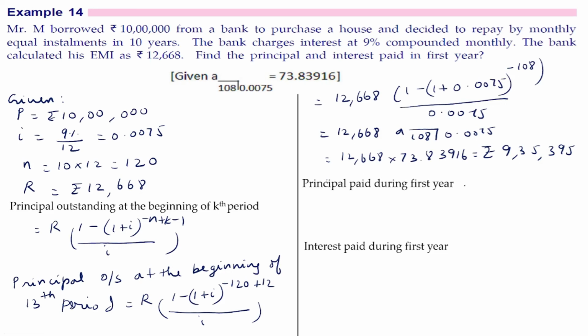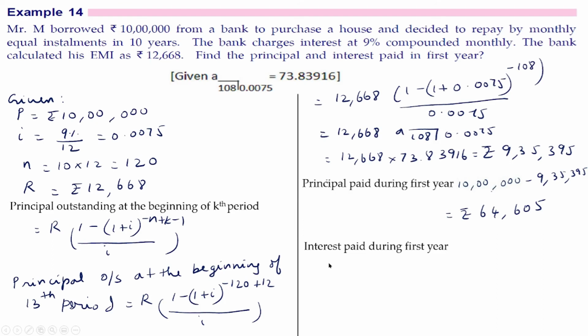So it is 10 lakh minus 9,35,395, or it is equal to rupees 64,605. So this is the principal which is paid during the first year.